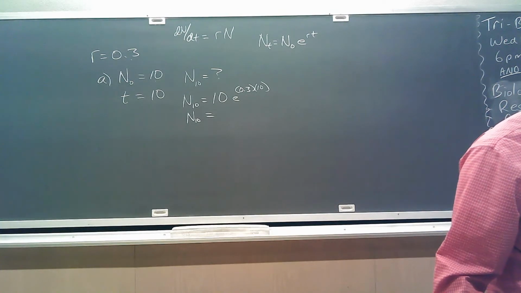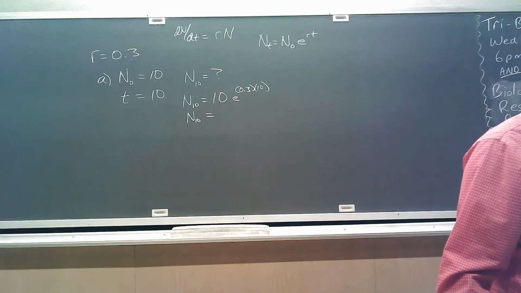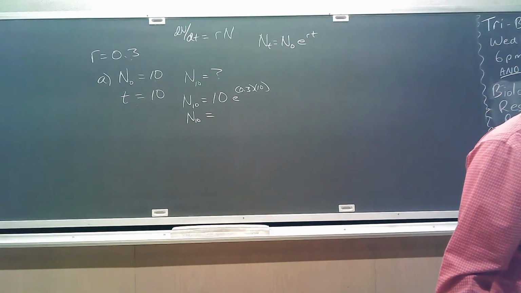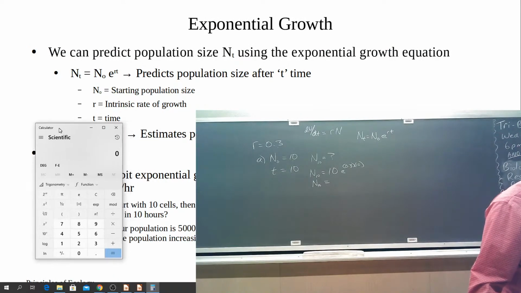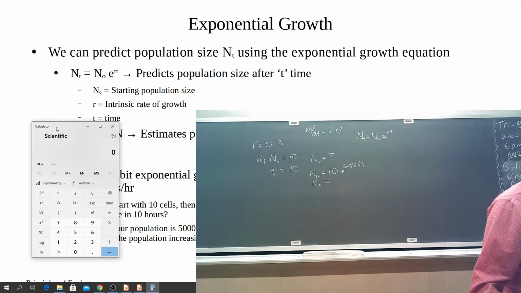I've been unsuccessful in capturing this calculator screen. So here's our calculator. We start off with 10 times E. On the Windows calculator, it's this EXP. How come EXP hasn't appeared?